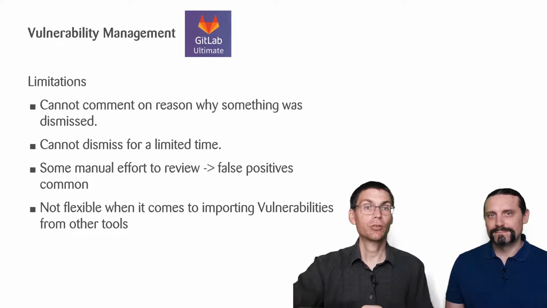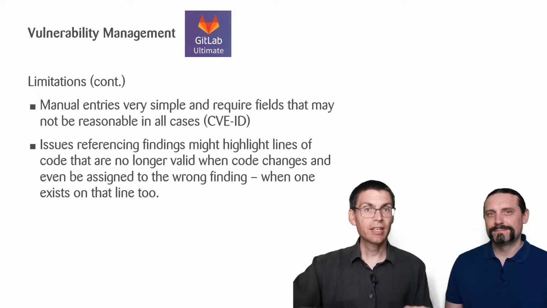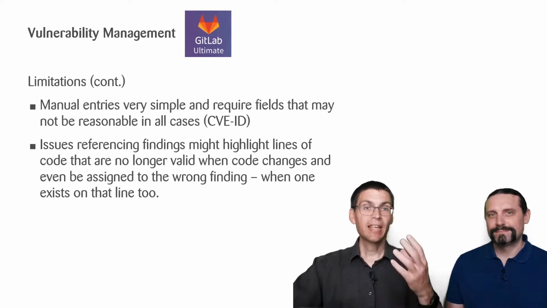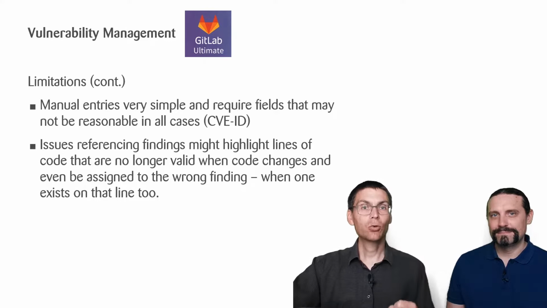Not all the tools around should be focused on this vulnerability management tool of GitLab. Then, when it comes to adding your own vulnerabilities you found, say for example, you have done a manual penetration test and want to add a finding. In that case, GitLab will require you to add unreasonable fields, like for example the CVE ID. But you don't have such an ID in your case, so why should you be required to add it?